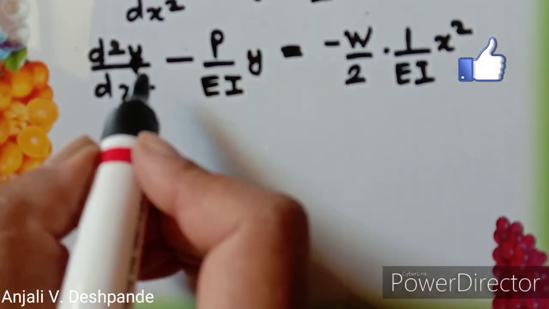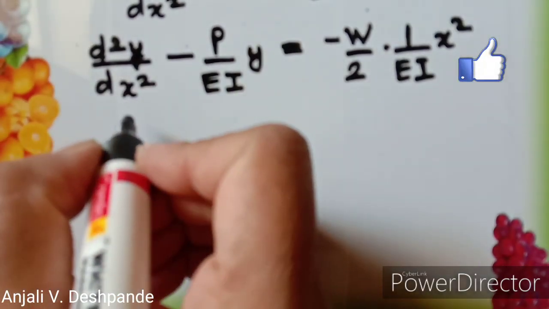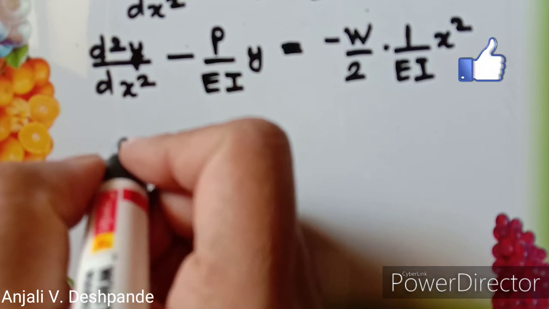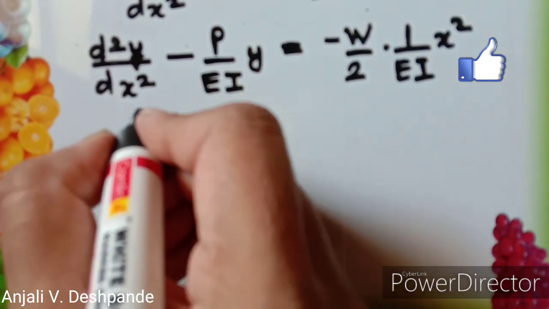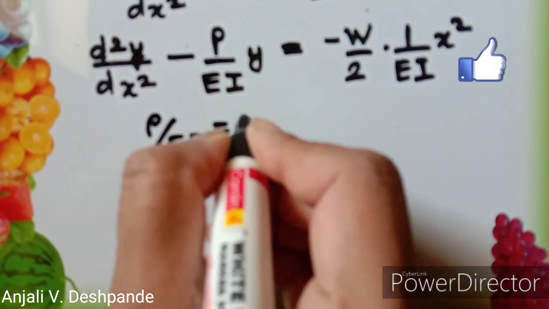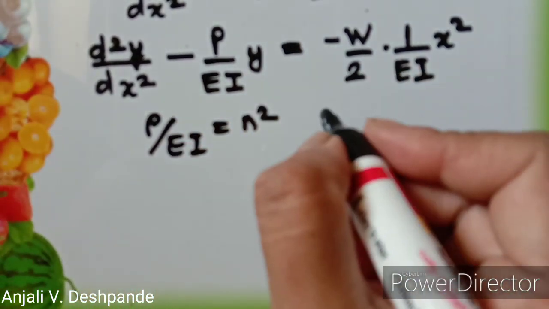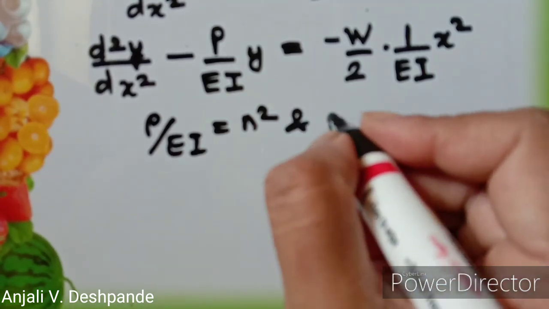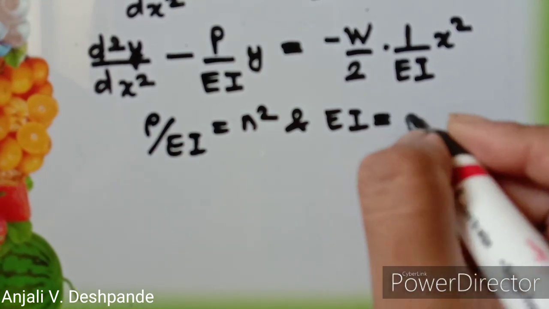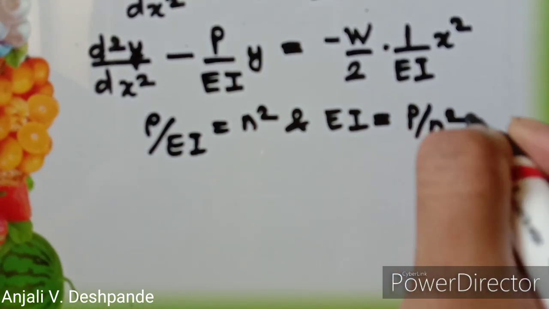So therefore after substituting, p divided by ei is equal to n square and ei is equal to p upon n square. See, I will write again. P divided by ei is equal to n square and ei is equal to p divided by n square.